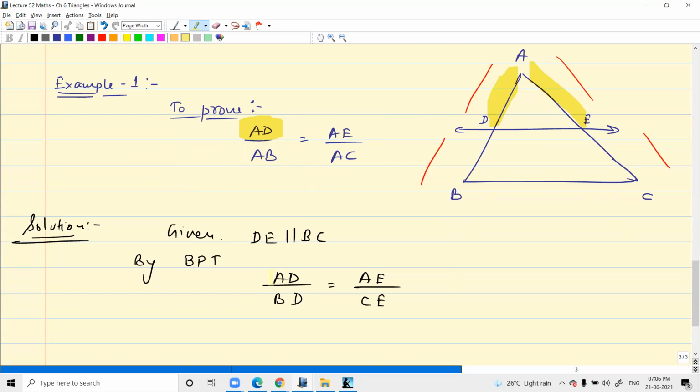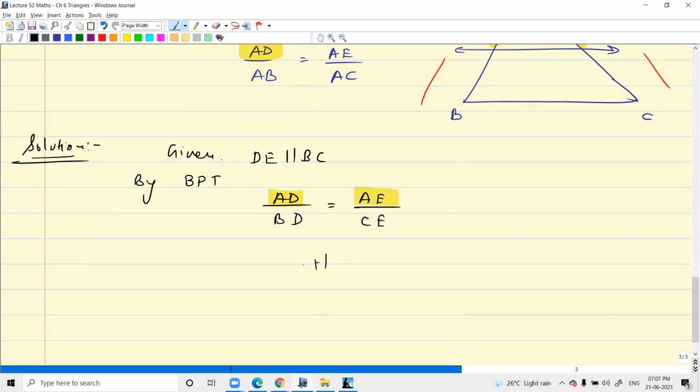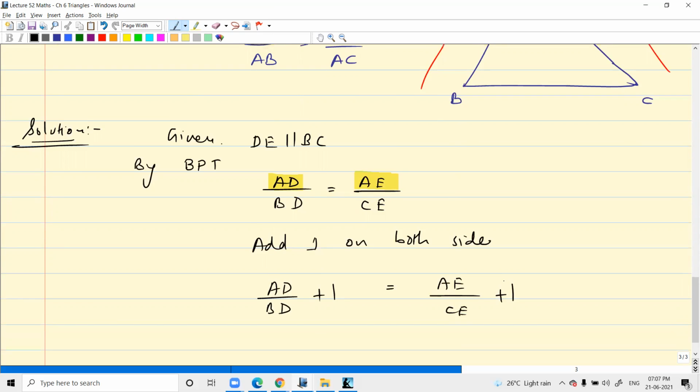AD and AE have to be there. So if I add one right now, on both sides, what will happen? It will become AD by BD plus 1 is equal to AE by CE plus 1.